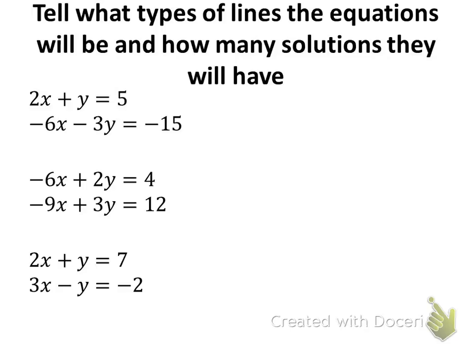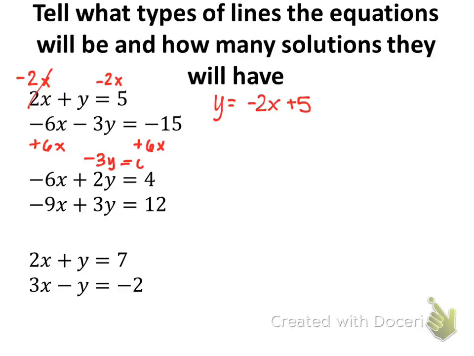So the first equation here, I notice I need to get y by itself. So I subtract 2x, and I get y is equal to negative 2x plus 5. And then in the next equation, I'm going to add 6x, and I get negative 3y is equal to 6x minus 15.